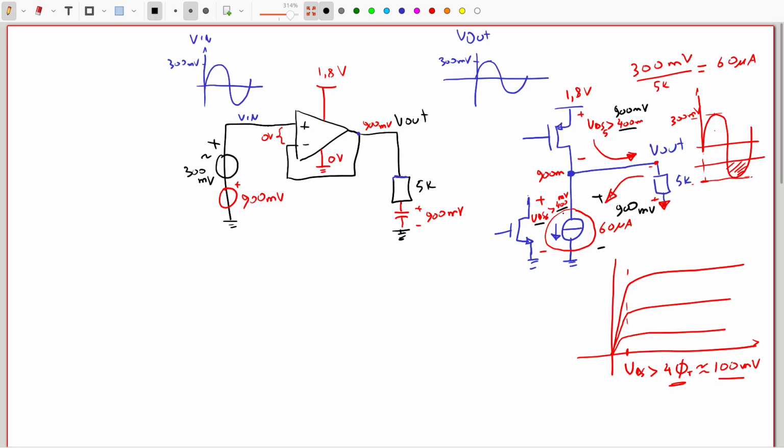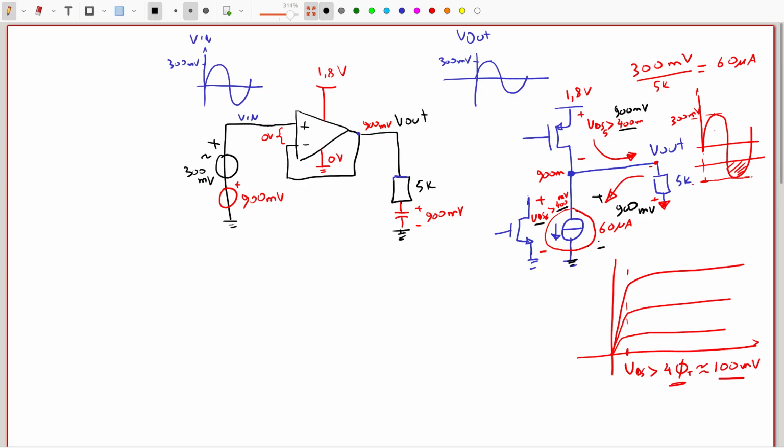And then the only thing that I have to make sure is that I have enough current to drive the negative part. The positive part, depending on the feedback, can provide more current or less current depending on what is needed, but the current source is constant, so this will be my limiting factor, the current source.